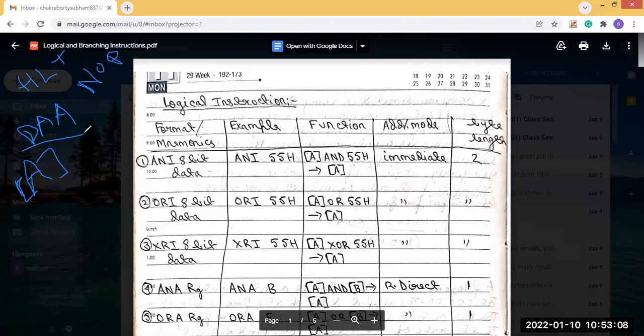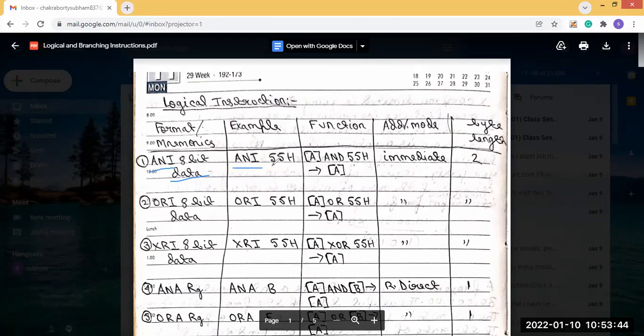Now we will move to the logical instructions. The first logical instruction we have is ANI, and an 8-bit data is mentioned. ANI means AND immediate.